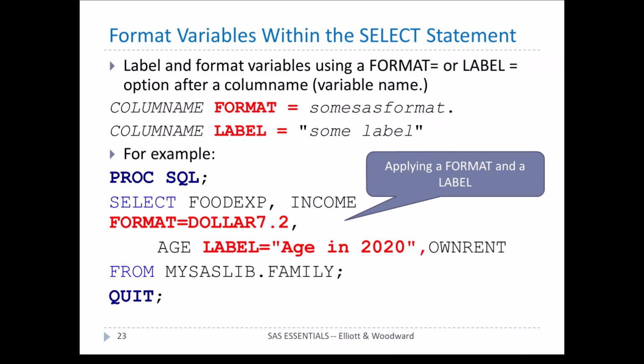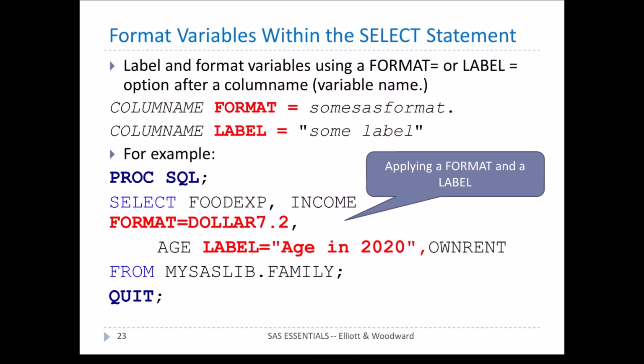All right, let's look at some other things we can do within the SELECT statement, and that is we could apply some formats and some labels. Again, you should be fairly familiar with this, very similar to what we would do in data steps. Here we have select food expense and then income, and notice there's not a comma here yet. Income and then a format equal $72. So we're applying the format called $72 to the variable called income.